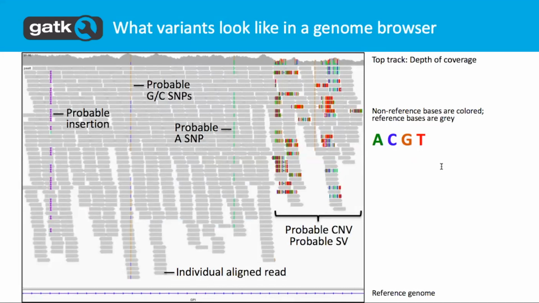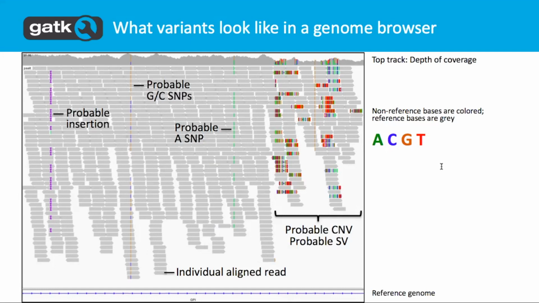Okay, so this is what the variants actually look like when you look at the BAM file in IGV. On the left right here, you have a very likely insertion, a little indel, where you can see that half of the reads are supporting it, so it's a heterozygous site.